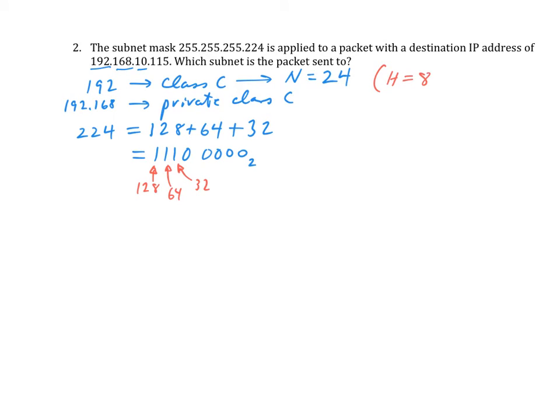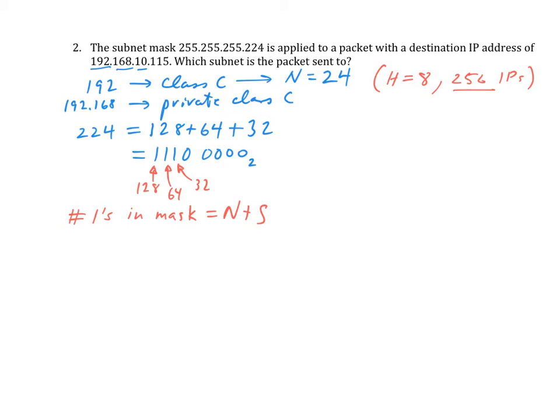And so what this means is that the first 3 bits of what was the host portion are now subnet bits. Instead of having H equal 8 and 256 IP addresses, we have H equal to 5 and S equal to 3. The number of ones in the mask is equal to n plus s.